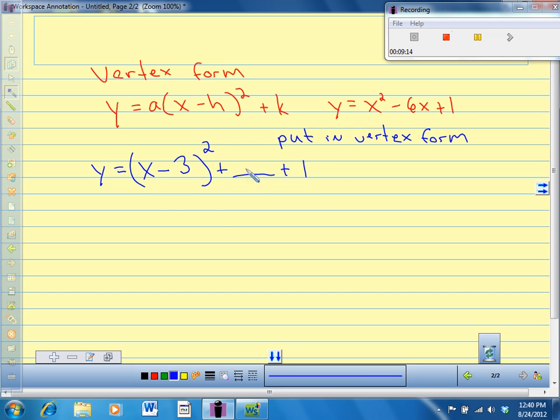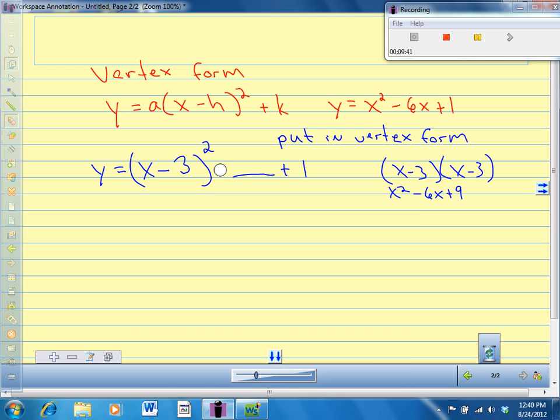And the reason I did that is because if I FOIL out x minus 3 times x minus 3, what do I get? Minus 6x plus 9, right? And so I almost have x squared minus 6x, but I don't. I've added 9, right? So because I added 9, what do I need to do over here? Take away 9, right? And that keeps that thing being the same, okay?